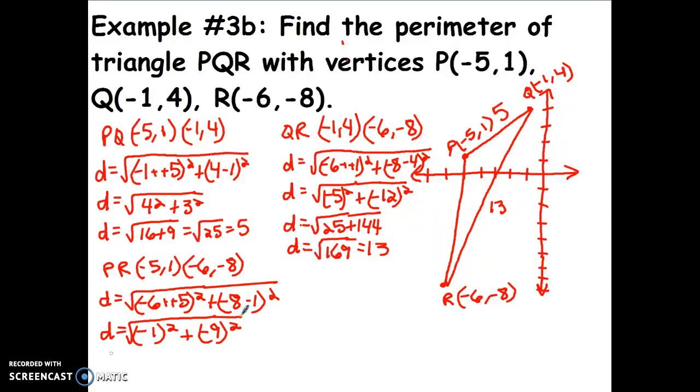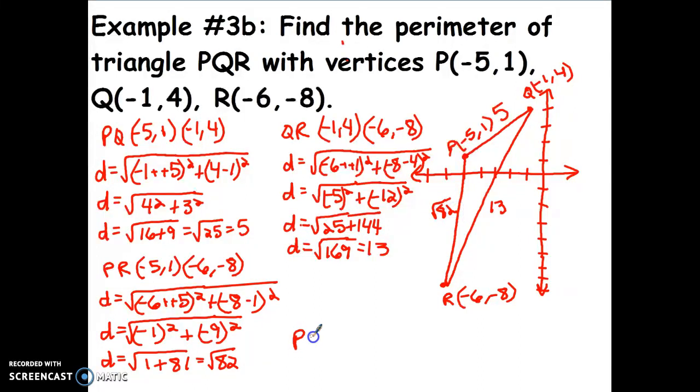I'm kind of rushing through this because we already know how to do the distance formula, so I'm not really taking my time here. All right, so -1 squared is 1, and -9 squared is 81. So that's the square root of 82. That's not a perfect square, so we're just going to leave it like that.